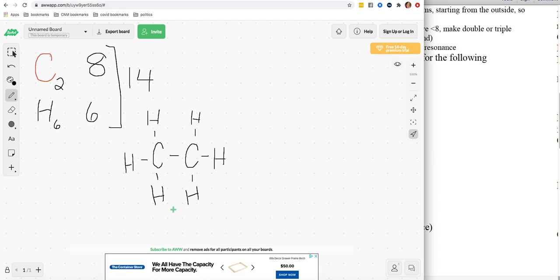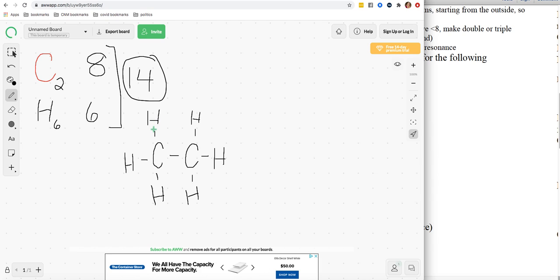Okay, so the first thing we need to do is count up how many electrons we've used just with the single bonds. And each one is 2, remember. So we've got 2, 4, 6, 8, 10, 12, 14. And guess what? 14 is how many we have available.